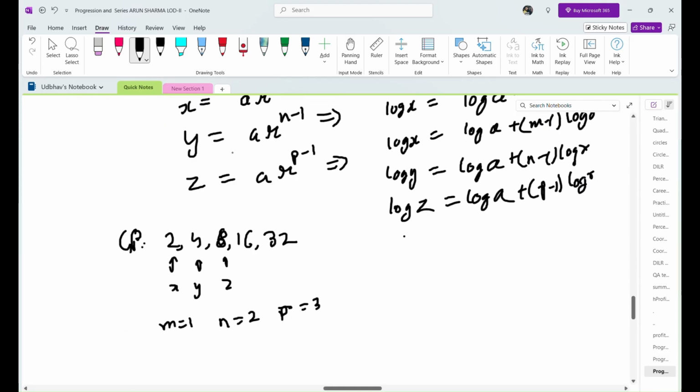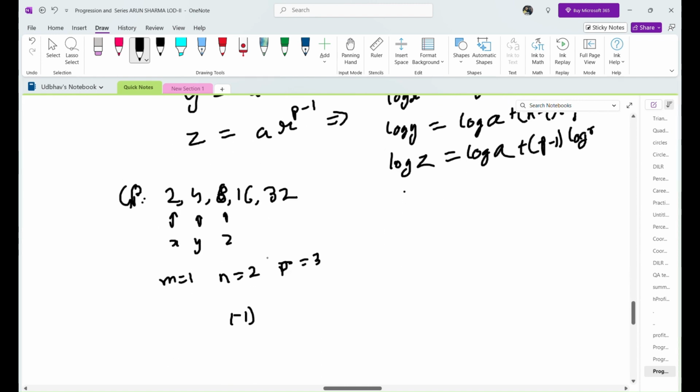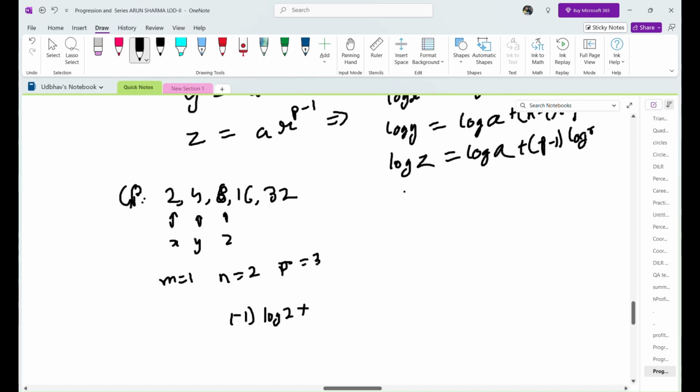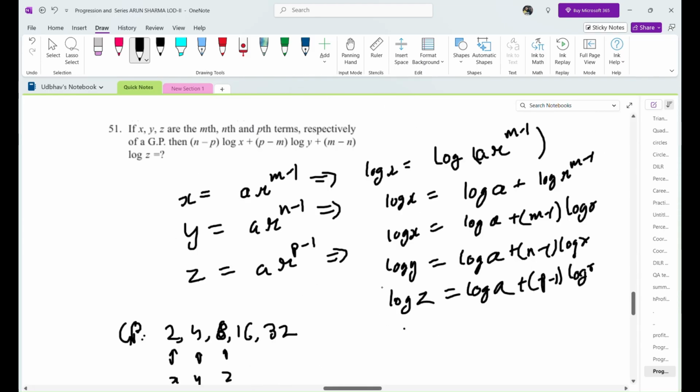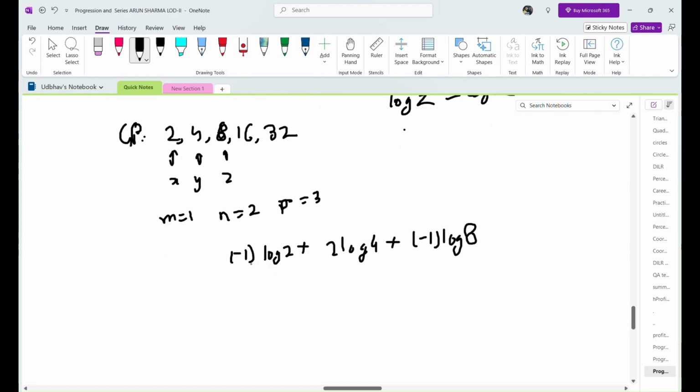We can put the value: n minus p, 2 minus 3, minus 1 into log 2, plus p minus m, 3 minus 1, 2 into log 4, plus m minus n, 1 minus 2, minus 1 into log 8.